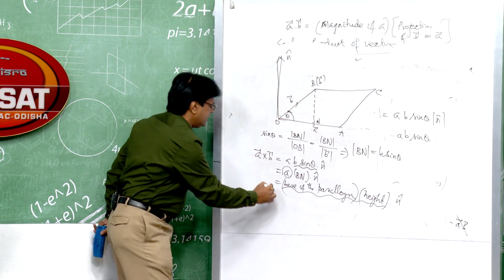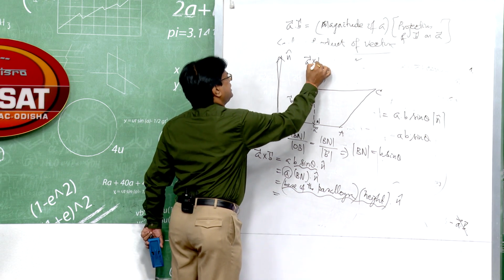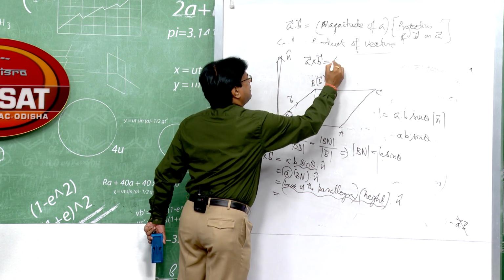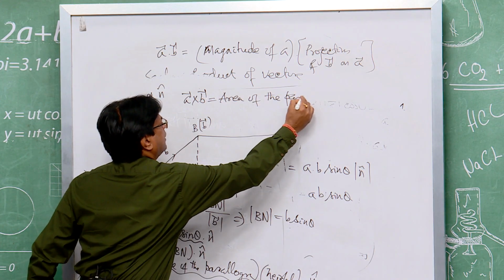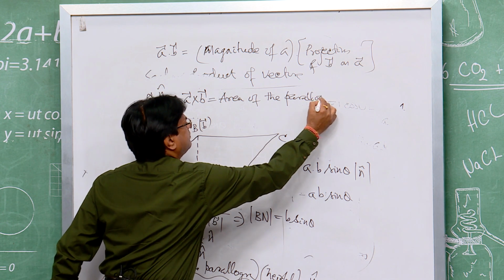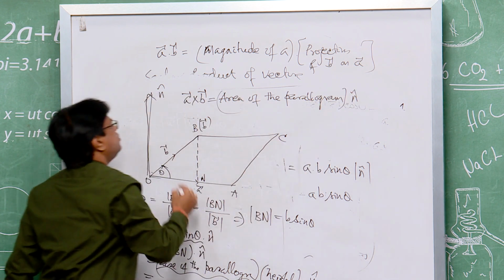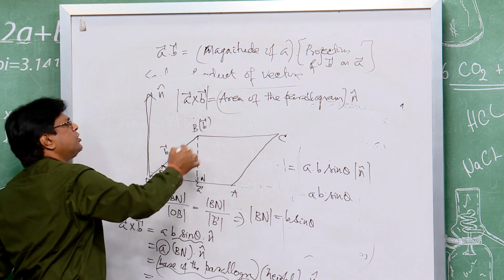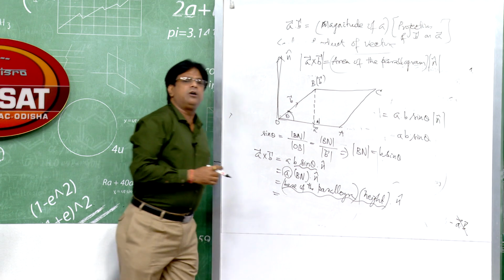We have already known that this is the area of the parallelogram. A cross B is nothing but the area of the parallelogram into n cap. When we take the magnitude, area of the parallelogram into magnitude of n, which becomes 1.